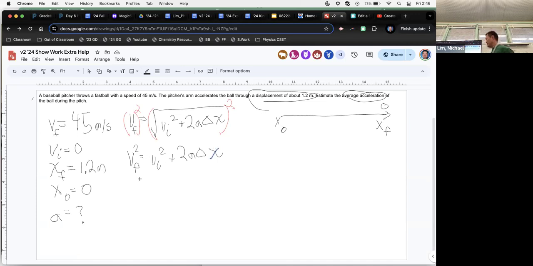Jordan, what do we do next to get A by itself? Because Emiliano says A is very important to find average acceleration. We can divide or multiply, but to follow the order of operations, you have to do the outer stuff first. Remember order of operations? There's parentheses, exponents, multiplication, division.